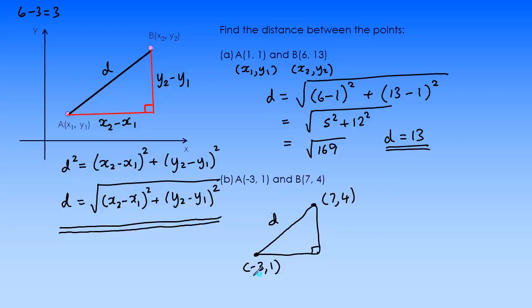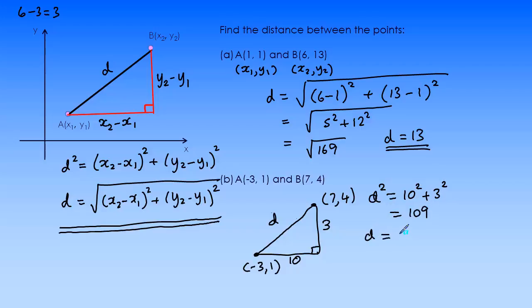Looking at the x-coordinates, -3 going to 7 is 10 units across. The y-coordinates, 1 going up to 4 is 3 units up. Then using Pythagoras, because d is the hypotenuse, d squared is going to be 10 squared add 3 squared, which is 100 plus 9, which is 109.